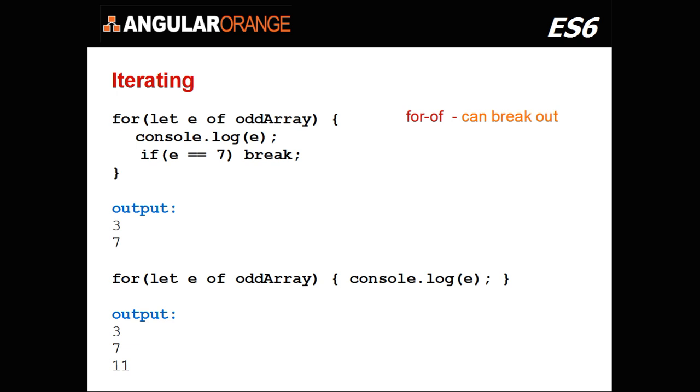And then the for-of, you can actually break out of it. So suppose you're iterating, you have a for let e of odd array, console log e. If e is 7, you break. The output would be 3 and 7. And if you didn't break, you'd see 3, 7, 11. You wouldn't see the property.